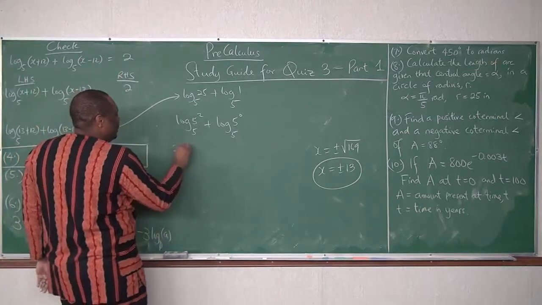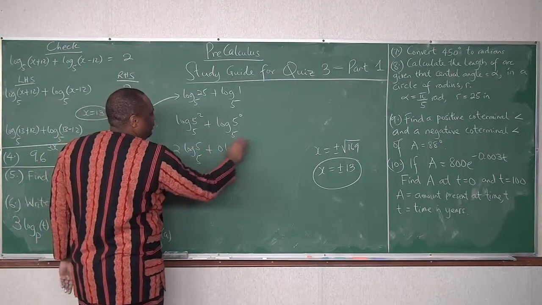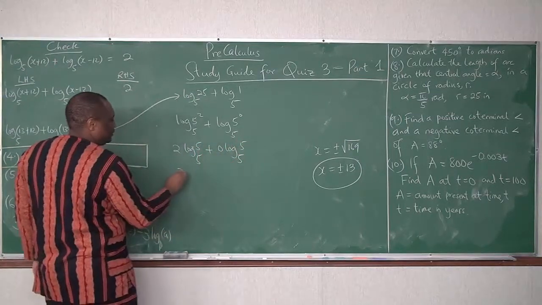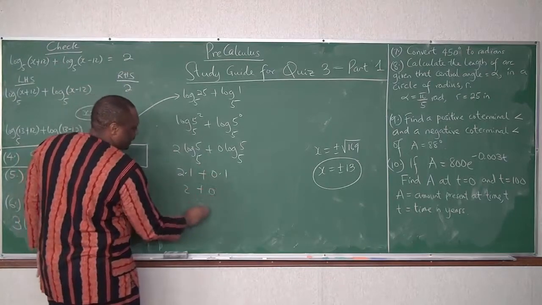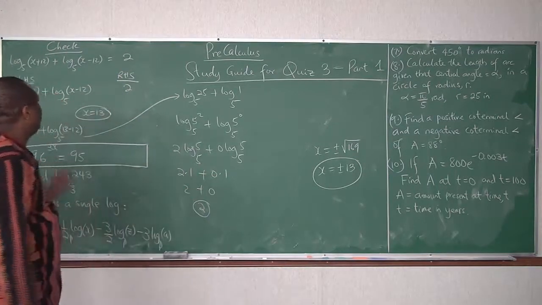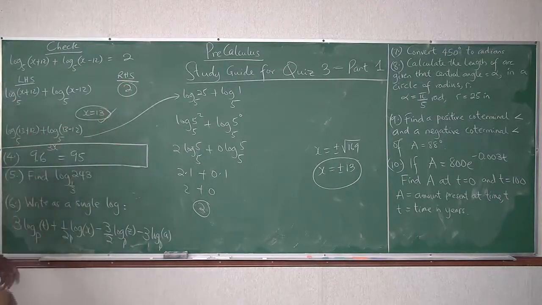So this is 2 log 5 base 5 plus 0 log 5 base 5, which is 2 times 1 plus 0 times 1. 2 plus 0 is 2. 2 on your left, 2 on your right. So 13 works.